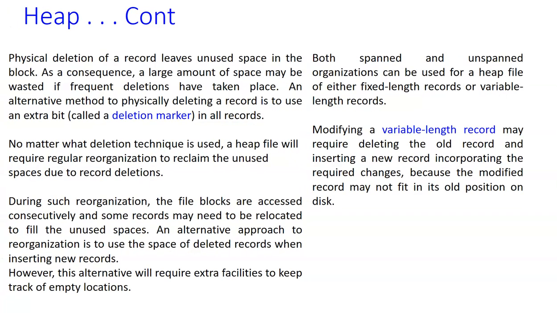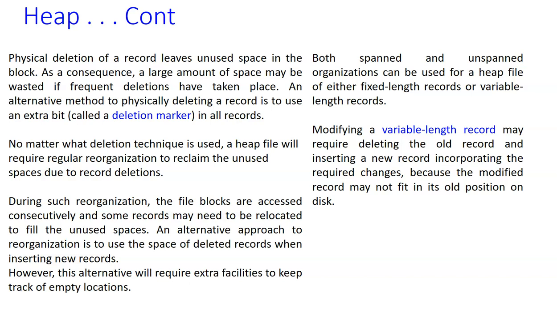So physical deletion of a record leaves unused space on the block. As a consequence, a large amount of space may be wasted if we have frequent deletions. So as an alternative method, we put deletion markers on these records.